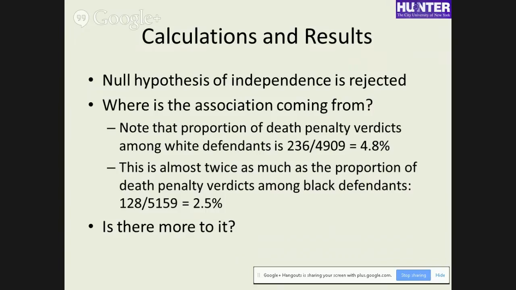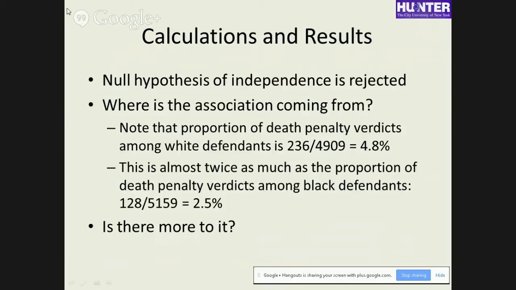What does that mean? Since it's an inherently two-sided test, it doesn't tell you where the departure from the null occurs. It just tells you that they're not independent.